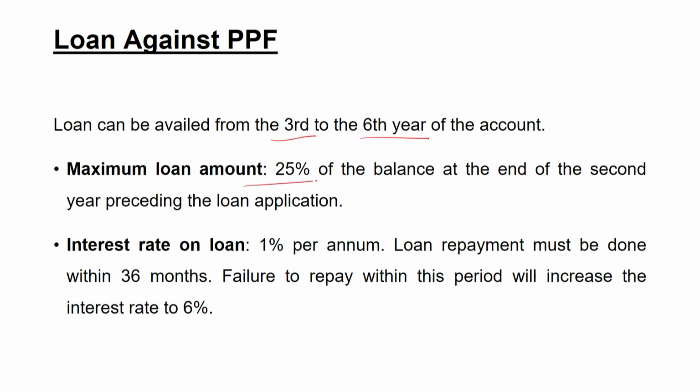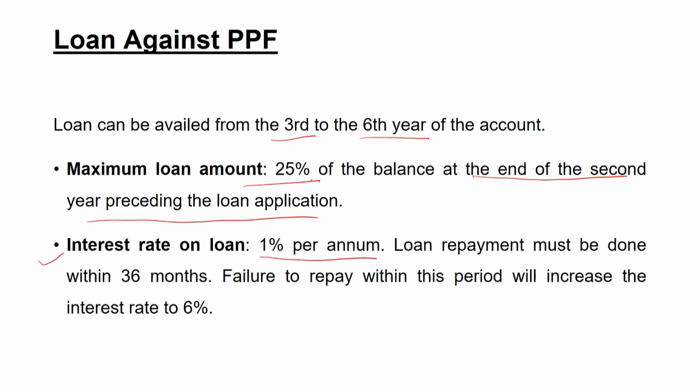The maximum loan amount is 25% of the balance at the end of the second year preceding the loan application. That means in the third year when you apply for the loan, your loan value will be calculated from 25% of the balance at the end of the second year preceding the loan application. The interest rate that will be charged on the loan will be 1% per annum.